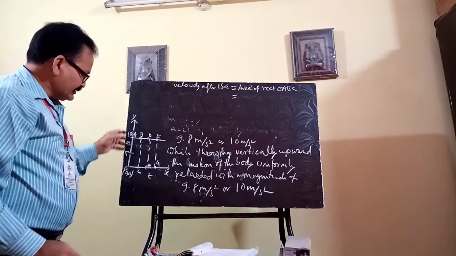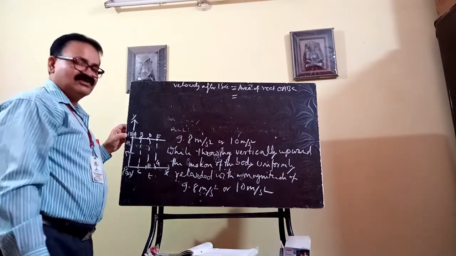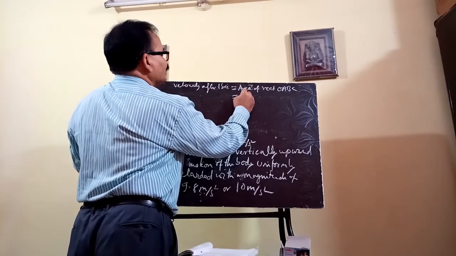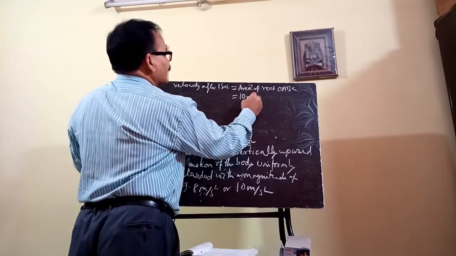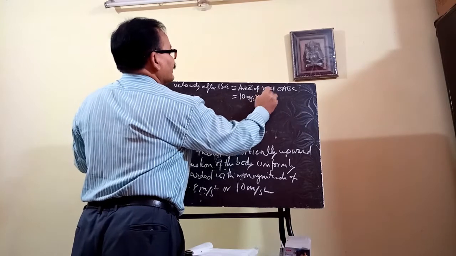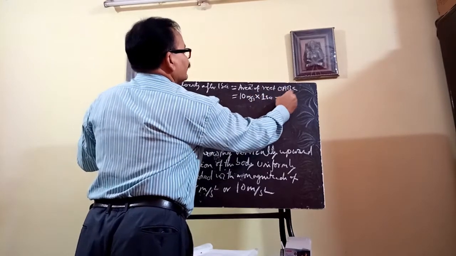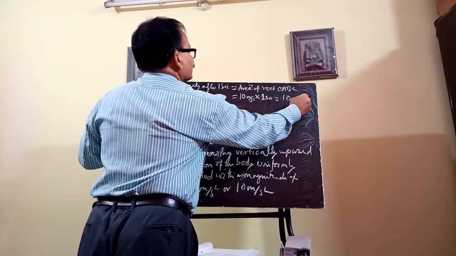Here the acceleration due to gravity you have considered as 10 meter per second square, or you can say 9.8. So if you see 10 meter per second square and time is 1 second, then the velocity will be 10 meter per second.